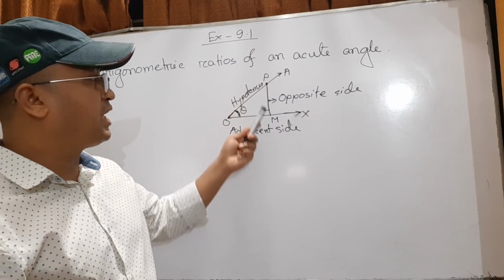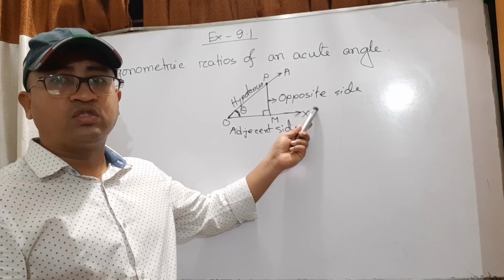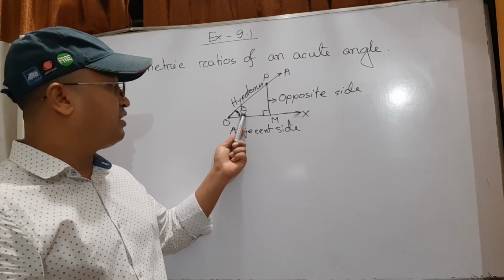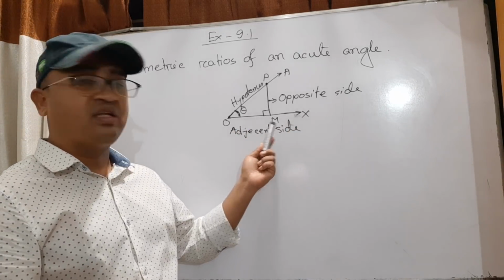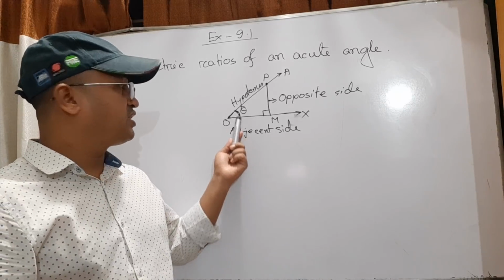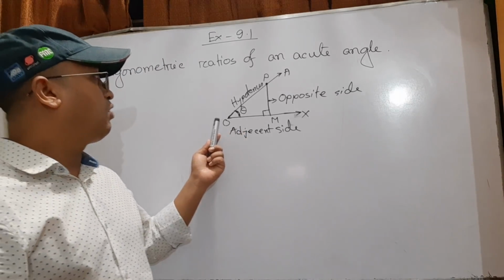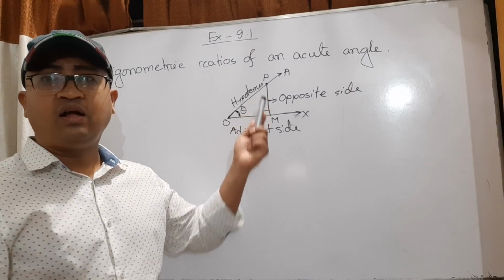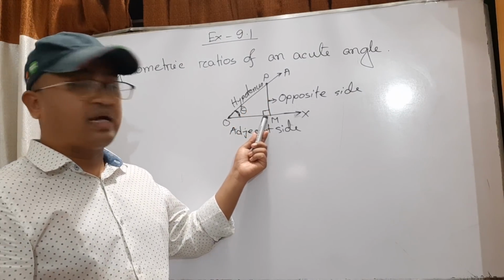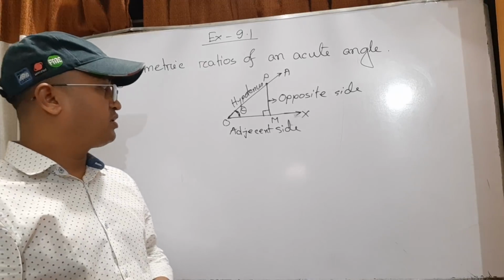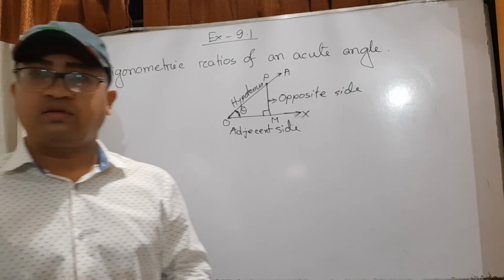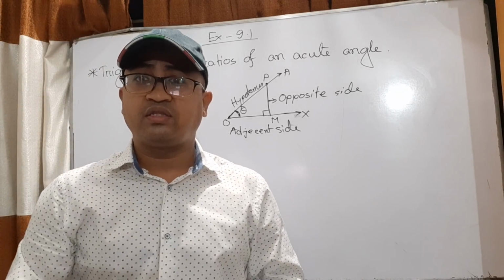So again, PM is the opposite side because this is the opposite of angle theta, and OM is the adjacent side. This is adjacent to angle theta, and OP is the opposite side of the right angle, so this is the hypotenuse. So now let us know the six ratios.